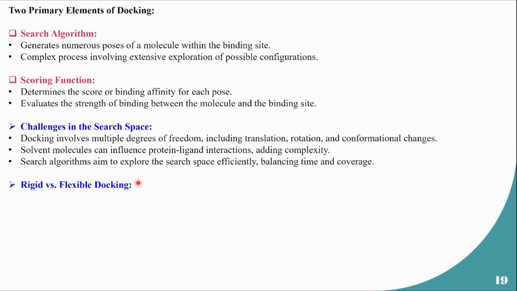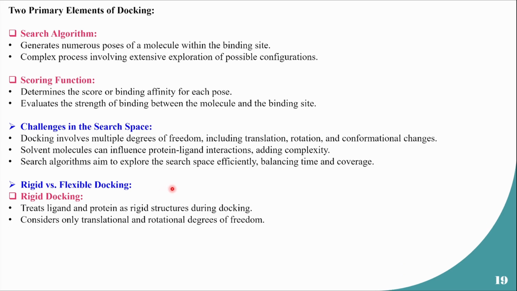Now, while we're talking about docking, there are overall two types of docking, depending on whether the movement of the molecules and the protein residues is restricted or not. So we have rigid versus flexible docking. Rigid docking treats the protein and ligand as rigid structures during docking, so they cannot move around, and it only considers the translational and rotational degrees of freedom.